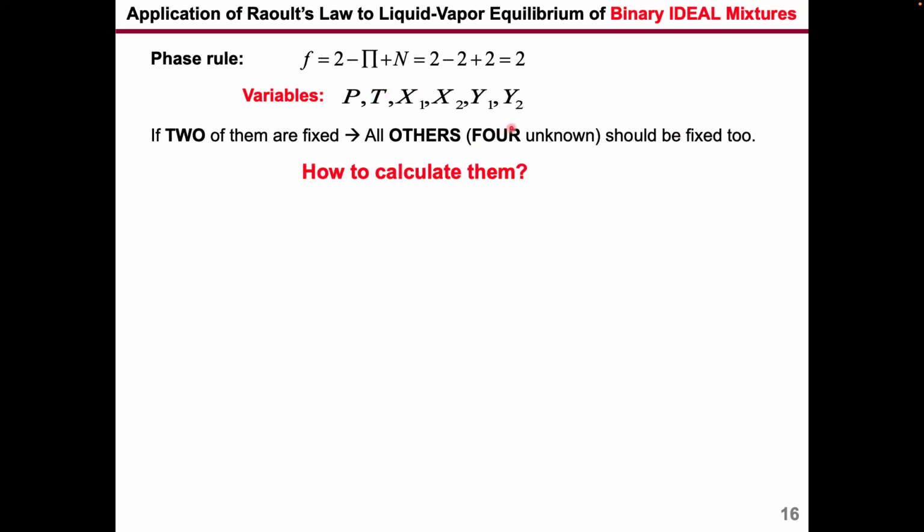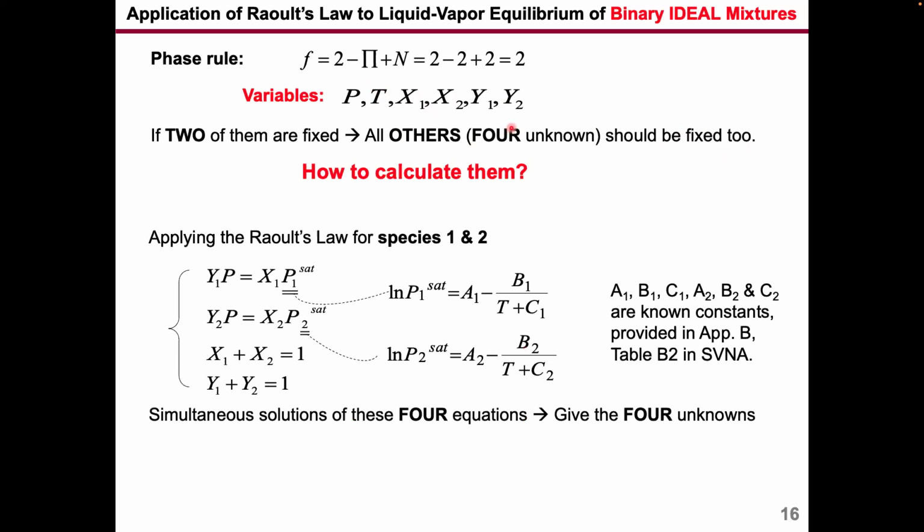So how to calculate them? You need to use Raoult's law, right? So Raoult's law, previously yi P equals xi Pi saturation. So you apply this equation to species 1, and then you apply this equation to species 2, and then you know x1 plus x2 has to be equal to 1 because it's a binary mixture. y1 plus y2 is equal to 1 for a binary mixture, right?